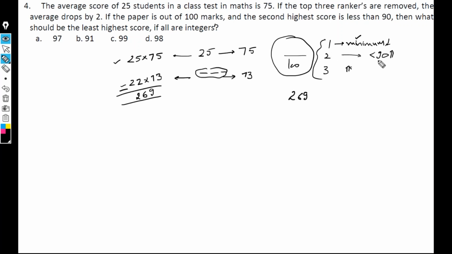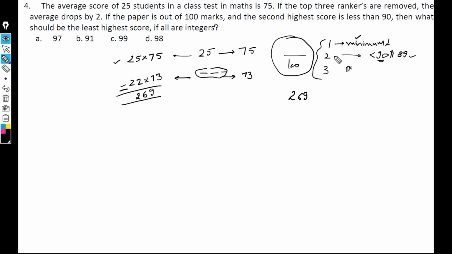As I know that the second highest score is less than 90, the maximum value which you can keep here is 89. Is that clear, everyone? Because the second highest score is less than 90, it must be 89.